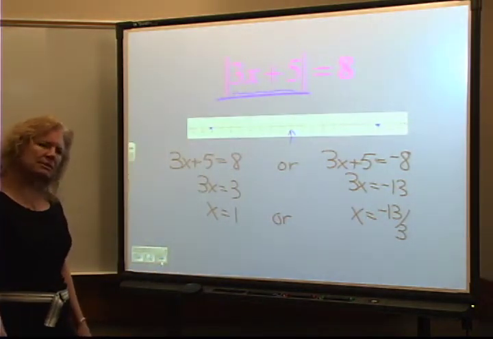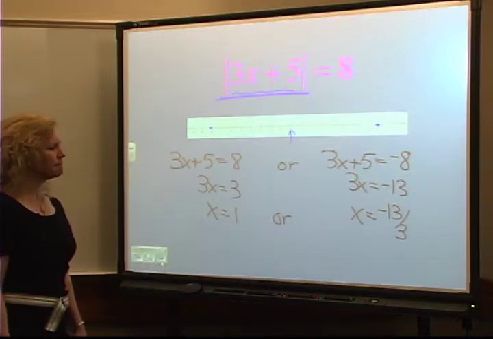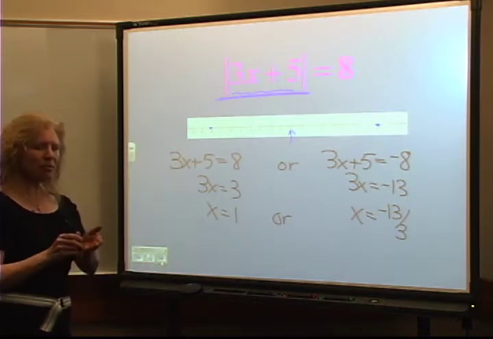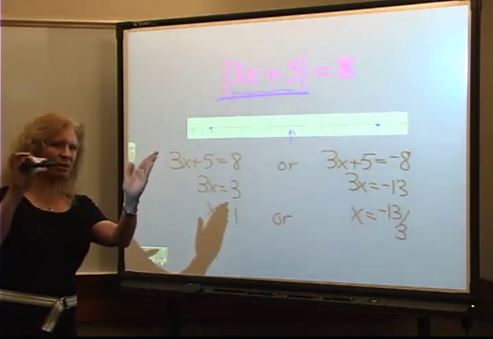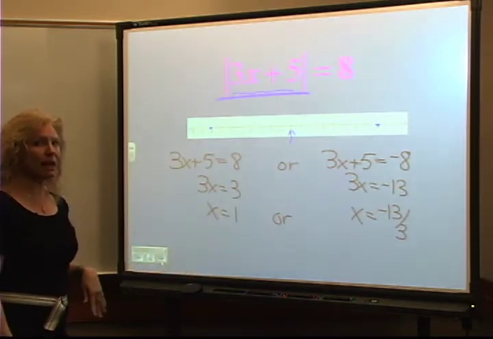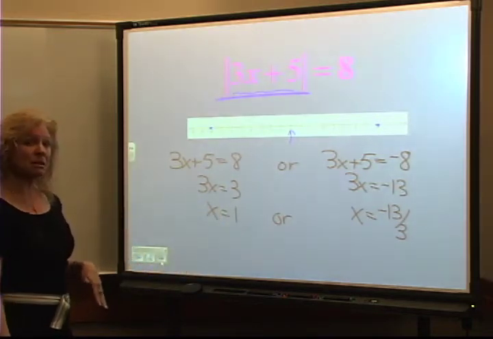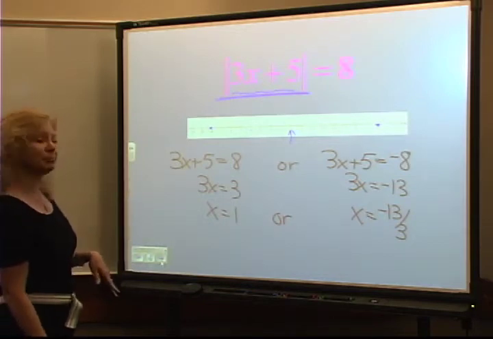Are you surprised that there are 2 answers on an absolute value? Well, probably not if you remember the idea of having the V shape on it. If I'm cutting across there, there's a very high likelihood that I would get 2 distinct results. And how could I check them? Well, I can put them back.